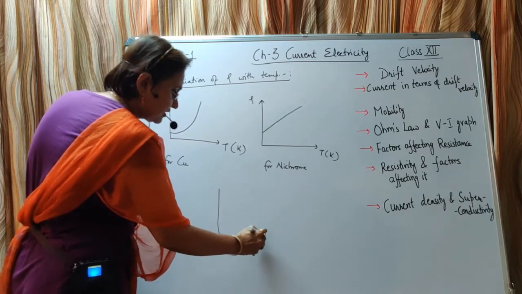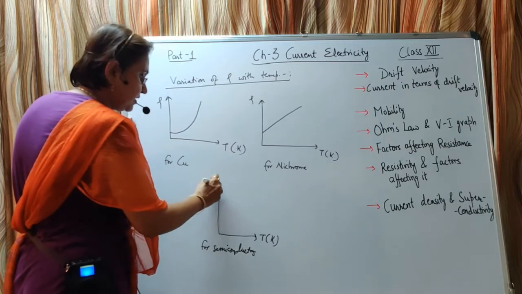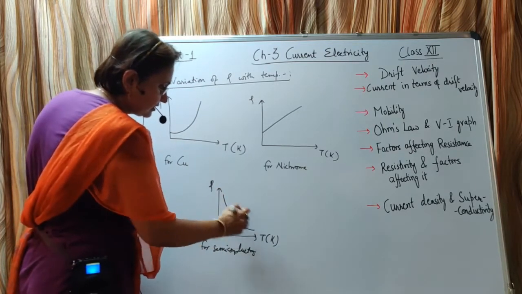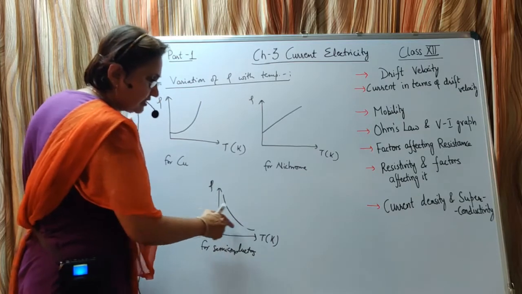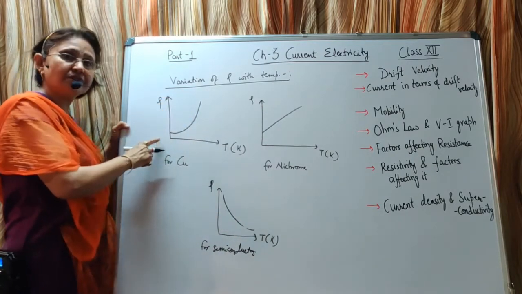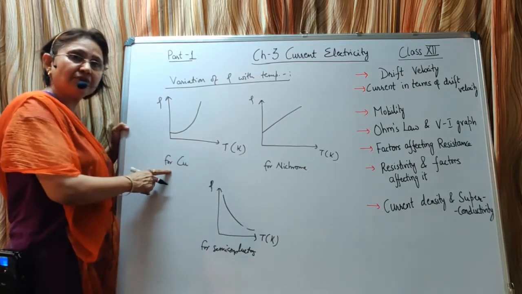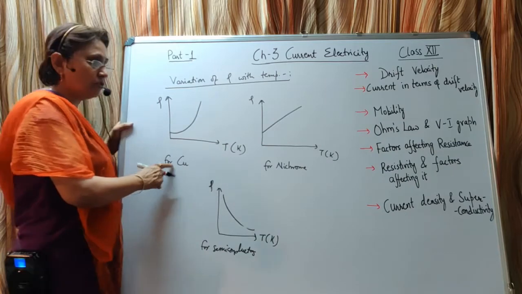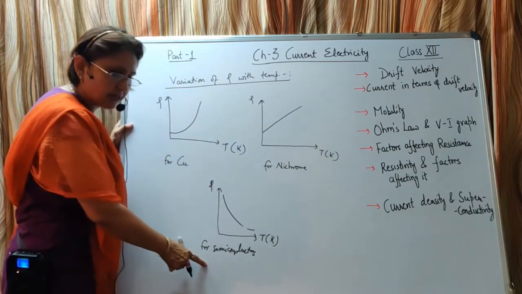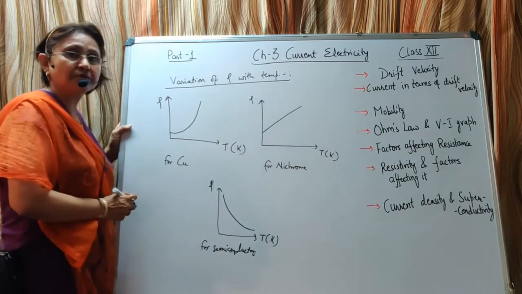So when the graph is plotted between resistivity and temperature, we see that the graph is shaped like this. That is, the resistivity is decreasing with the rise in temperature. So these are the variations of resistivity with the temperature for a few substances. This is for conductor. In conductors, we have taken copper. For alloys, we have taken nichrome. And for semiconductors, the resistivity is decreasing with the rise in temperature.